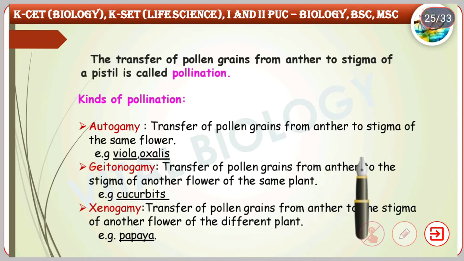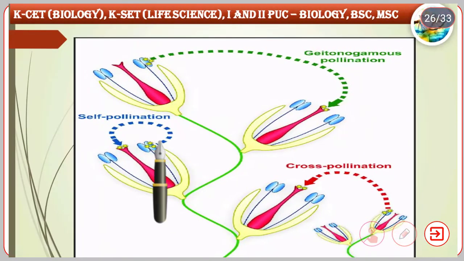The transfer of pollen grains from anther to stigma is common to all. But the main difference is that in autogamy, the transfer of pollen grains from anther to stigma happens in the same flower itself, only one flower, which you can observe here. This is self pollination, also called autogamy.